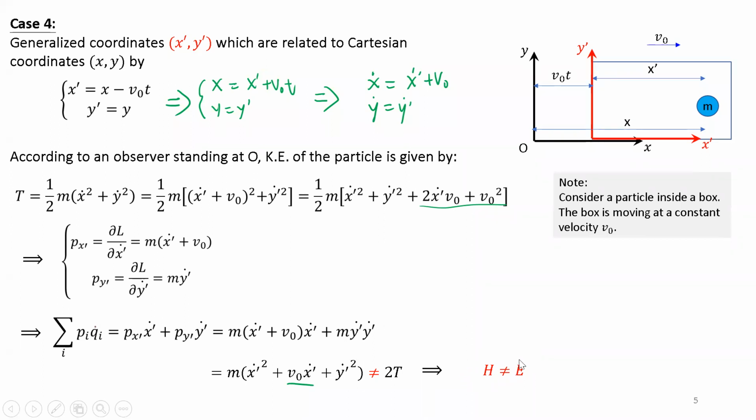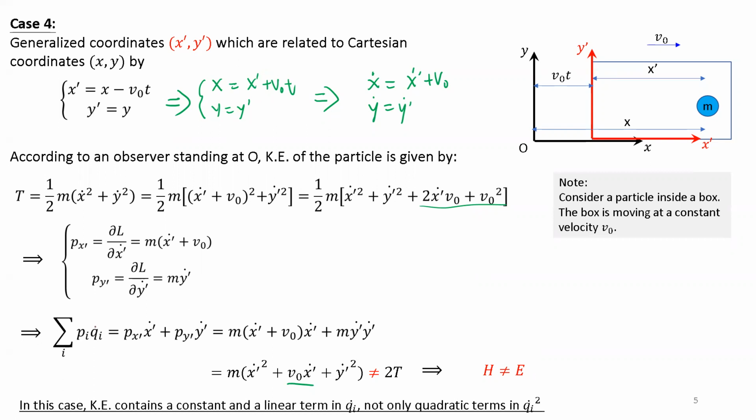And this is because this time the transformation between the Cartesian coordinates and the generalized coordinates that we use contains a time-dependent term here.